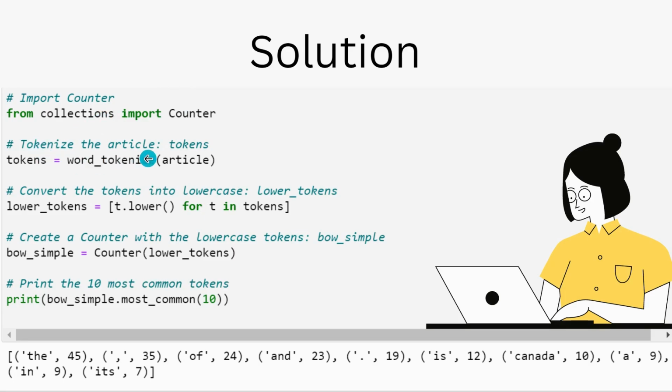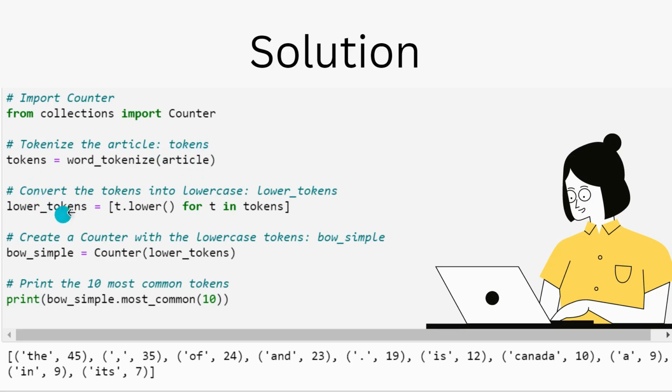Then tokenize the article. Tokens is a variable here. Article is given. You can take any article, copy two or three paragraphs from Wikipedia, paste them in your Jupyter notebook, enclose them within quotes, and assign that to the article variable. This is the article variable that I have used here.